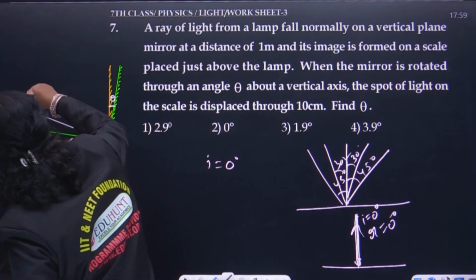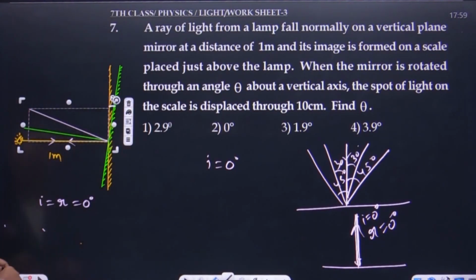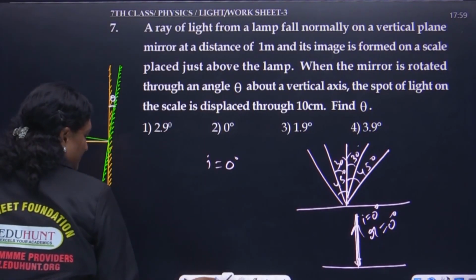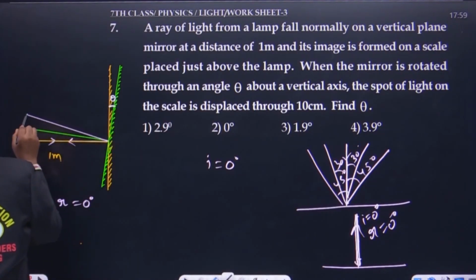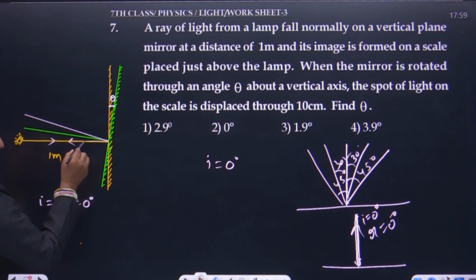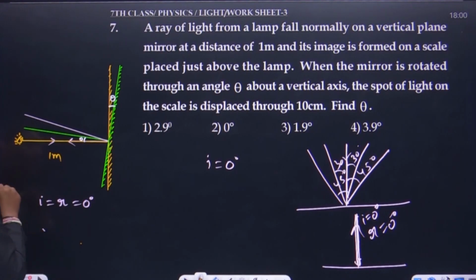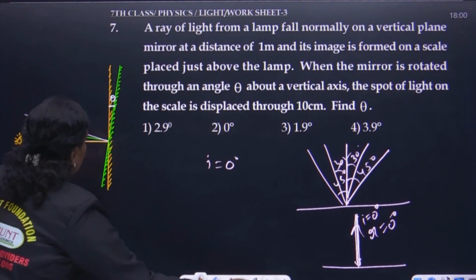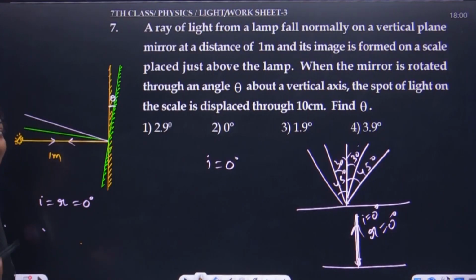It was given that the initial position of the normal was this yellow and the new position of the normal was at theta. Whenever the normal shifts by an angle theta, we know that the reflected ray shifts by an angle 2 theta.